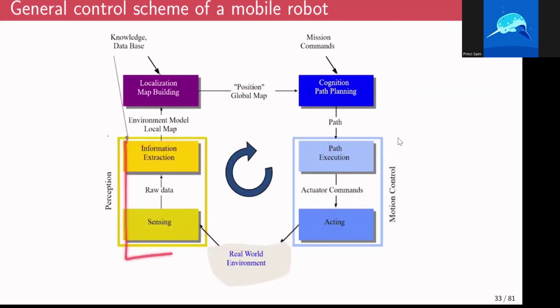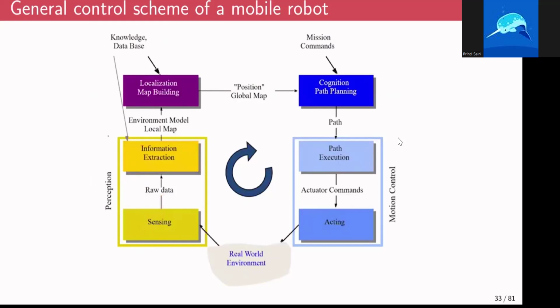So this block, we call it perception. And the way it perceives the real world environment is through its sensors. Whatever external sensors it has, it tries to perceive the environment. And using the readings from the sensors, it tries to extract relevant information. From all the raw data the sensors provide, you use some algorithms to extract very relevant information.